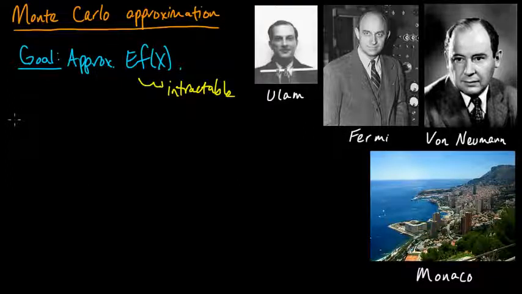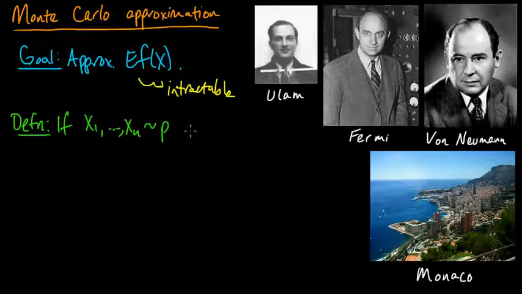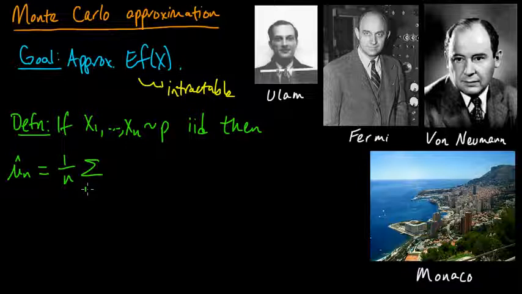And here's a formal definition of a Monte Carlo estimator. If x1 up to xn are distributed according to some probability distribution p, and they're IID, independent and identically distributed, then mu hat n, mu for mean or Monte Carlo, is the sample mean, 1 over n times the sum as i goes from 1 to n of f evaluated at the xi's.